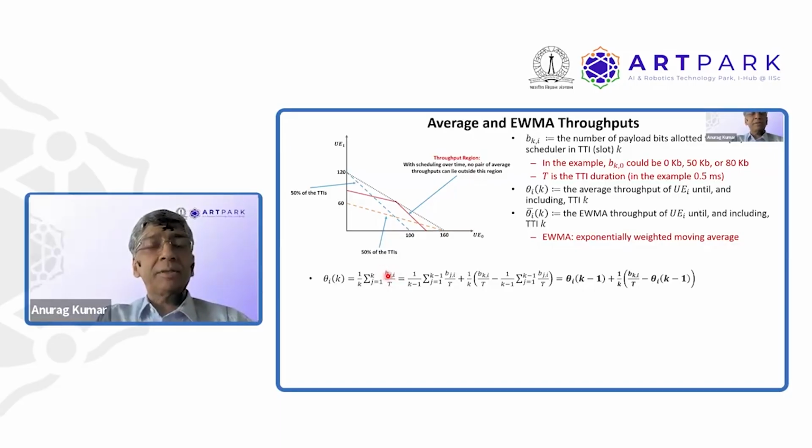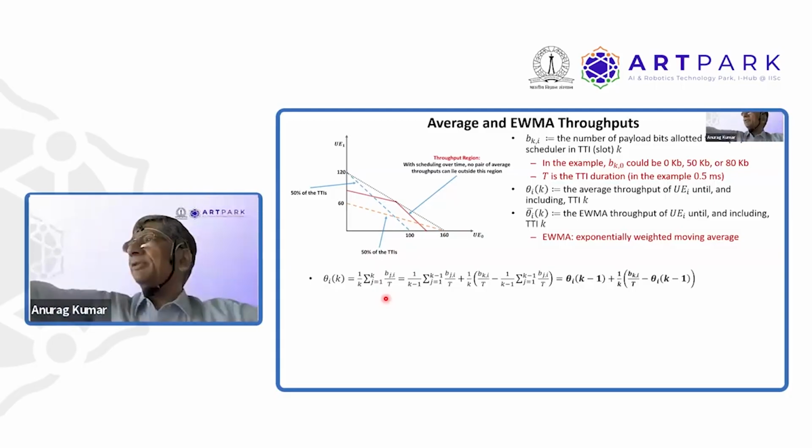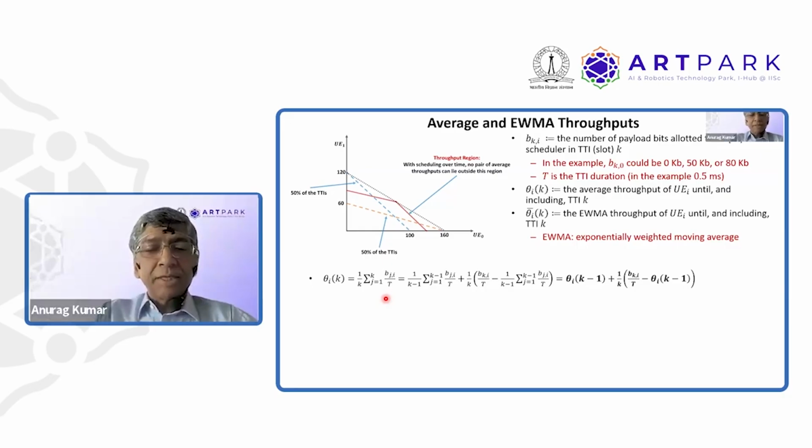Divide by T, that is the duration. So this is the throughput I have given to user I in the jth slot. I gave it 80 Mbps in this slot, or 160 Mbps in this slot, 90 Mbps in this slot. Average that. That's all it is. Now let's leave this very simple calculation aside. It's just algebra.